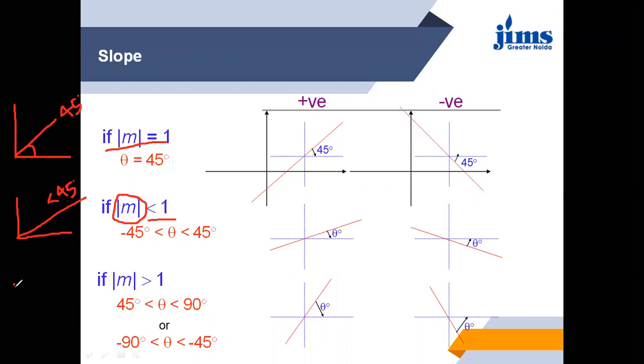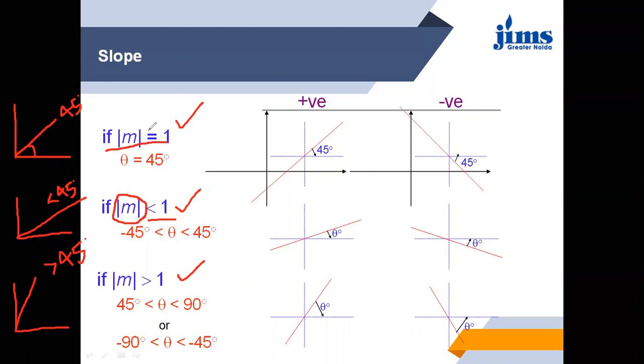And in the third one, the angle is greater than 45 degrees. So there can be three cases: when the value of m is equal to 1, when the value of m is less than 1, and when the value of m is greater than 1.